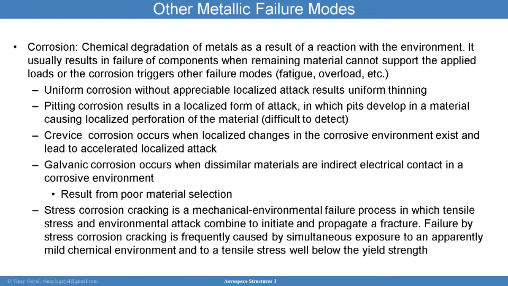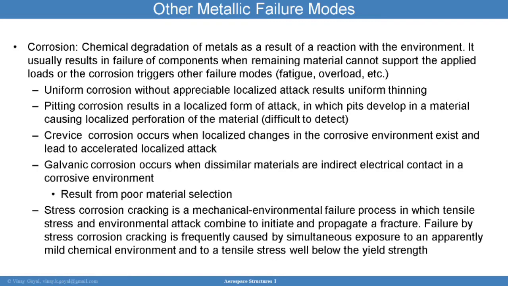Stress corrosion cracking is also another mechanism that's observed quite significantly and can cause a significant degradation in the structural performance in real life. Stress corrosion cracking is a mechanical environmental failure process in which tensile stress and environmental attack combine to initiate and propagate a fracture.